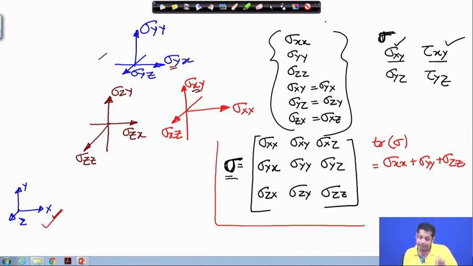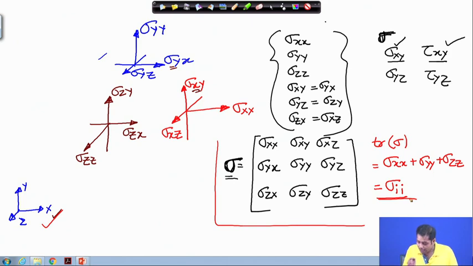Now, if I write that trace in index notation, it becomes sigma ii. Ii is the repetition, so as per Einstein convention, this is a summation. It means sigma 11 plus sigma 22 plus sigma 33, or sigma xx plus sigma yy plus sigma zz. So, the trace of a matrix can be written in index form like this. You are aware of this.